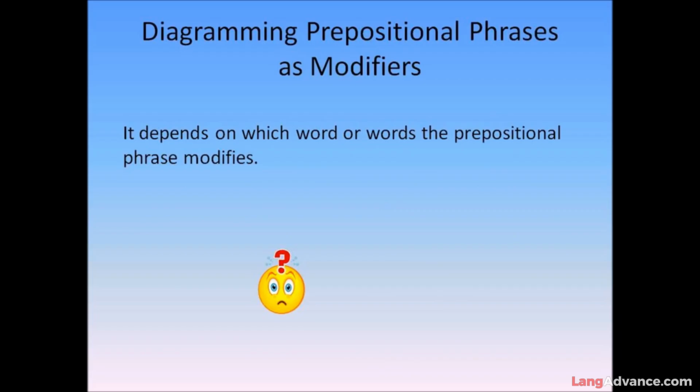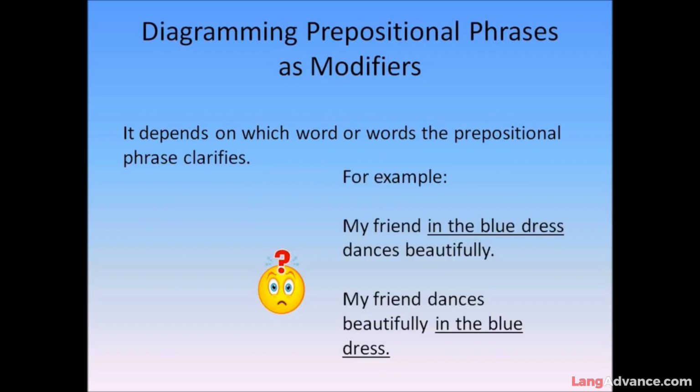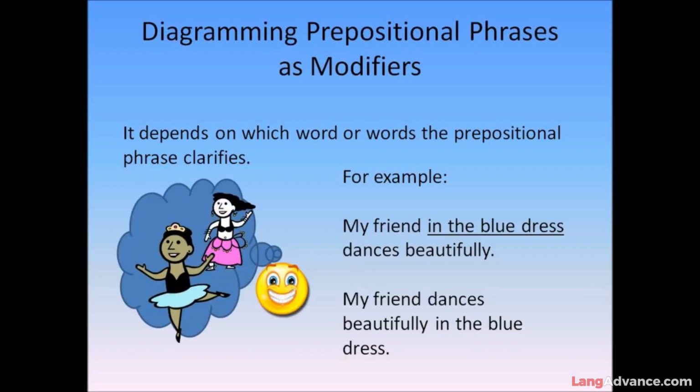For example, let's take these two sentences one at a time. My friend in the blue dress dances beautifully versus my friend dances beautifully in the blue dress. Although they seem as though they mean the same thing, when we really think about them, they're very different. My friend in the blue dress dances beautifully helps a person explain which friend they're talking about.